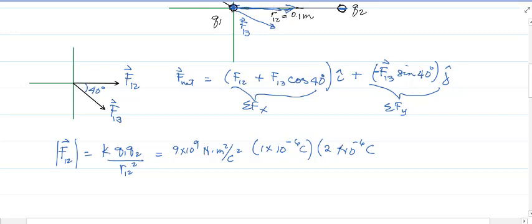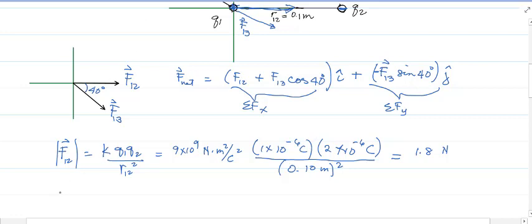So these are all given values, and the distance between them is 10 centimeters or 0.1 meter, and then square. So this is equal to 1.8 Newton in magnitude, because the meter squared cancelled here, and the Coulomb squared cancelled with the Coulomb units of our charges. So that's the magnitude for F12.